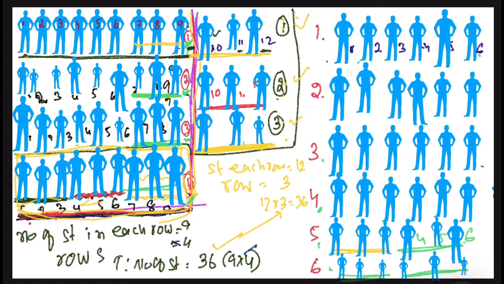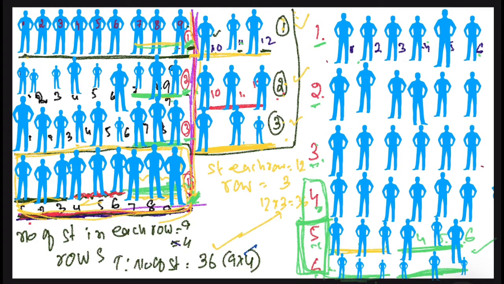But when we reduced 3 students, how many rows became? 1, 2, 3, 4, 5, 6. 2 rows were made extra. If 3 students are decreased, 2 rows increase. If 3 students are increased, 1 row is decreased.